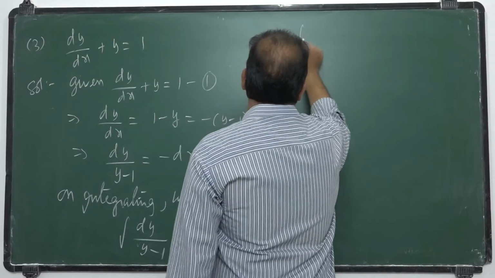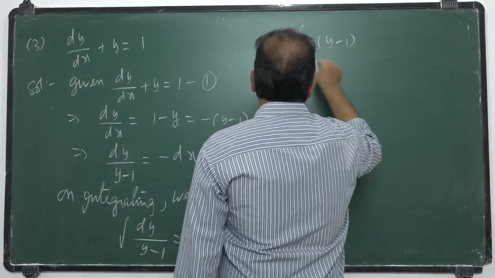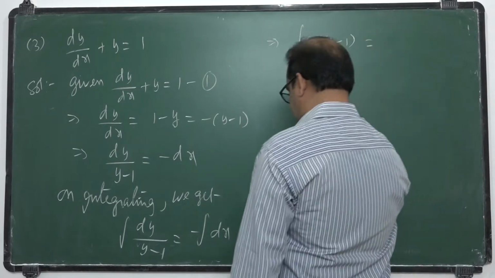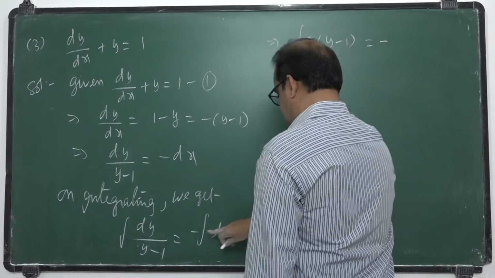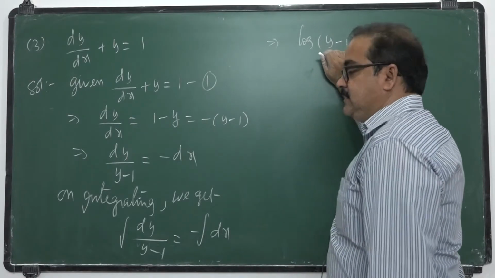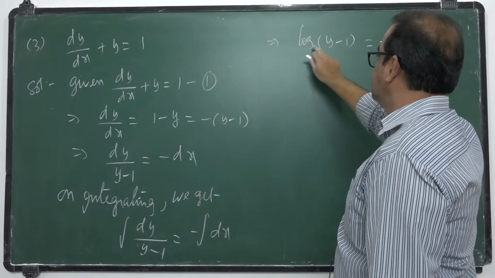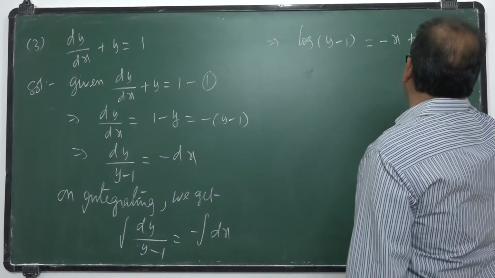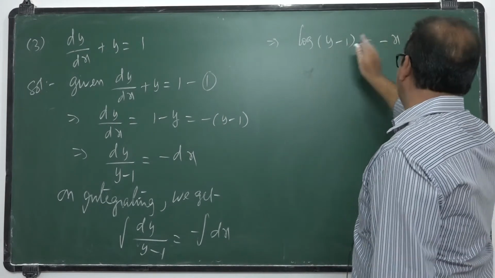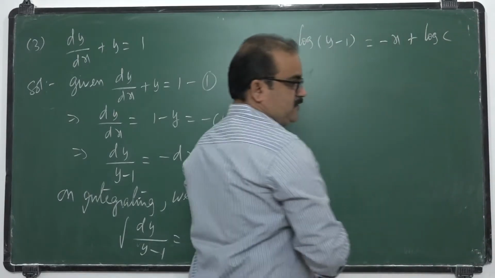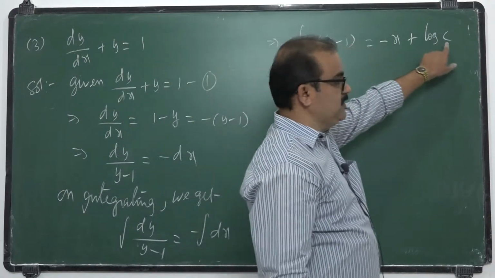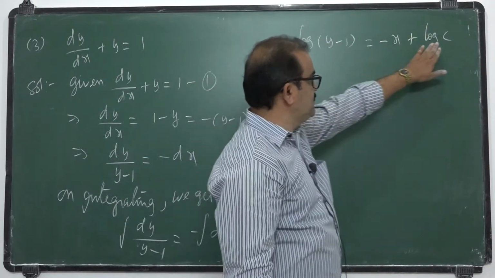Integral 1 by x is log of x, so log of y minus 1 by derivative of y minus 1, that is 1, is equal to integral of minus 1, that is minus x, plus, see here, if there is a logarithm term to the variable y, we take the constant as log c. Then we get the solution easily. Observe that if there is logarithm to the variable y, then we take the constant as log c. Here it is some constant.